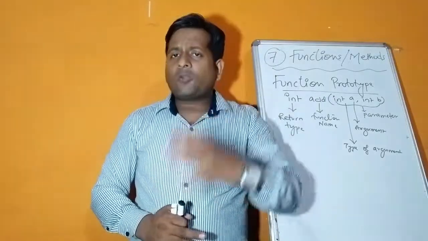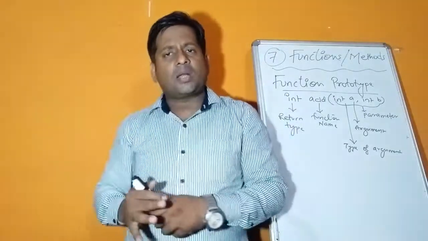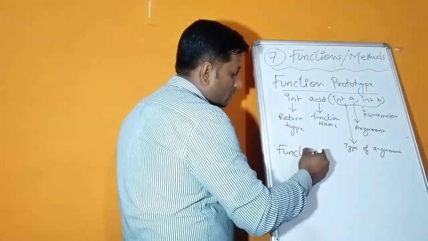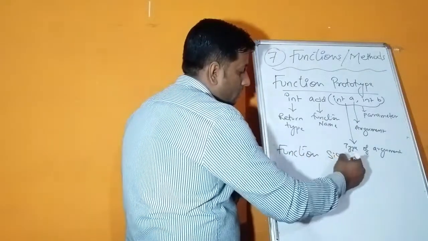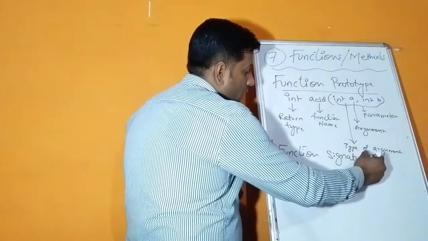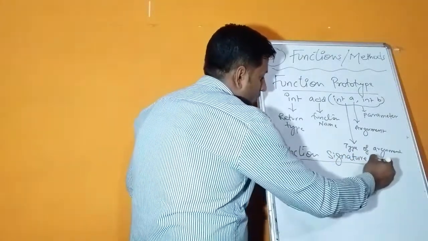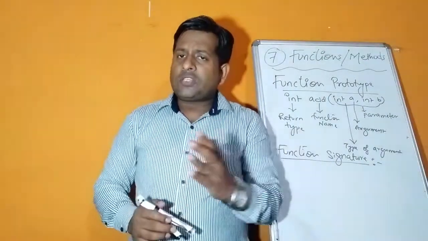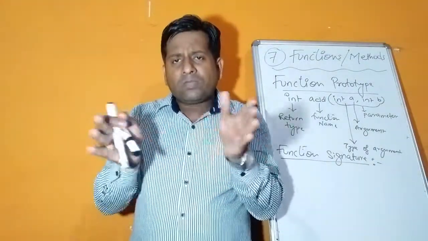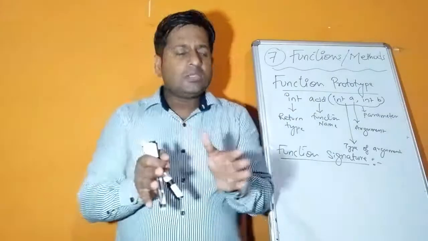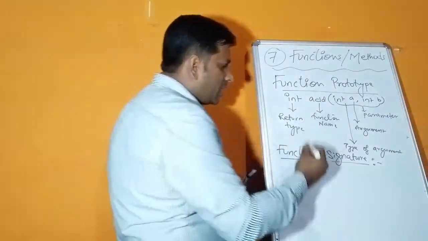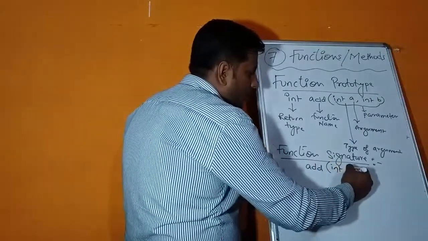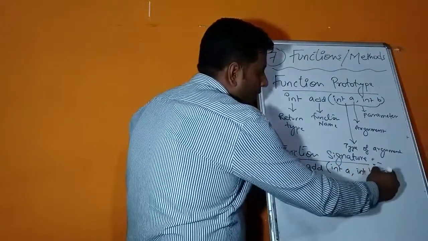So when we talk about function prototype, a similar term again comes, that is known as function signature. Now function signature means what? The initial part, the lesser part. Same way, function signature only gives us the name of the function with the number of arguments and type of arguments.